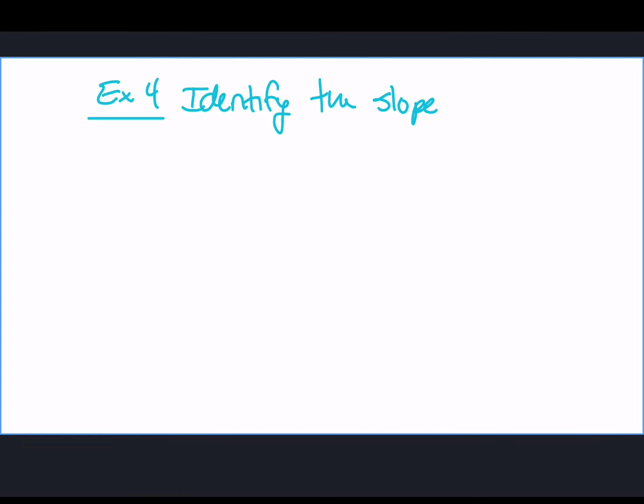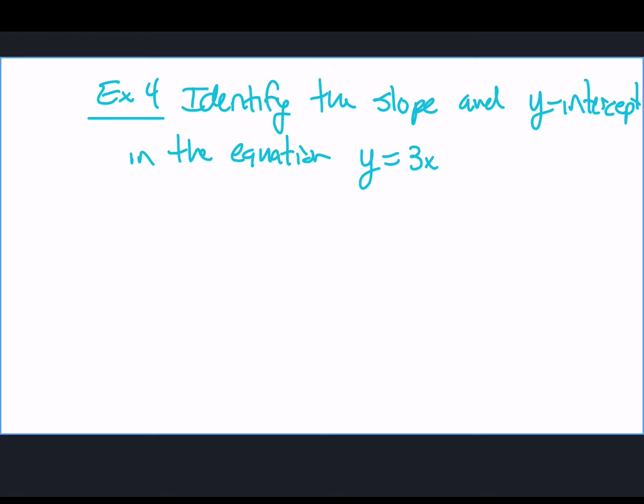This one involves the slope-intercept form. And this is another one of those where you hope that I choose this question to be every question on your test. We want to identify the slope and y-intercept in the equation y equals 3x plus 2.